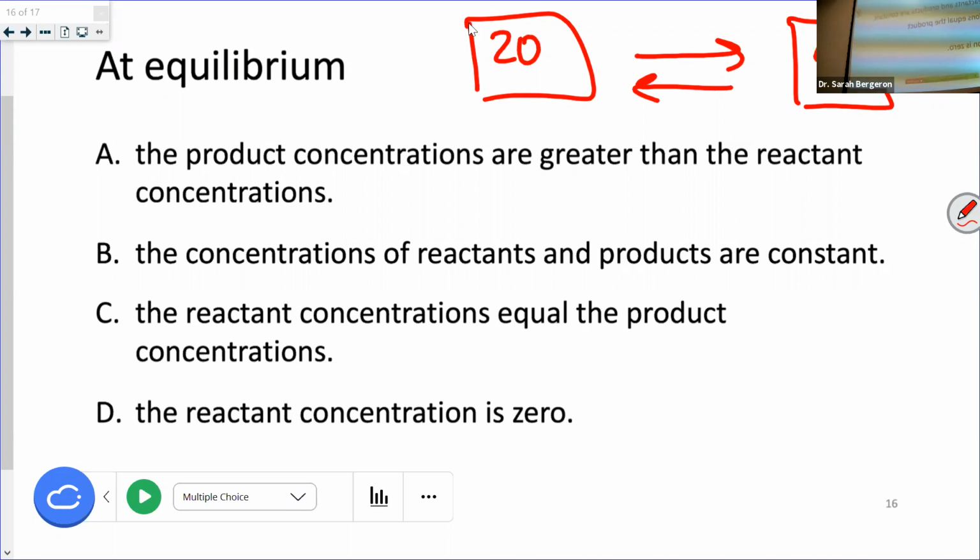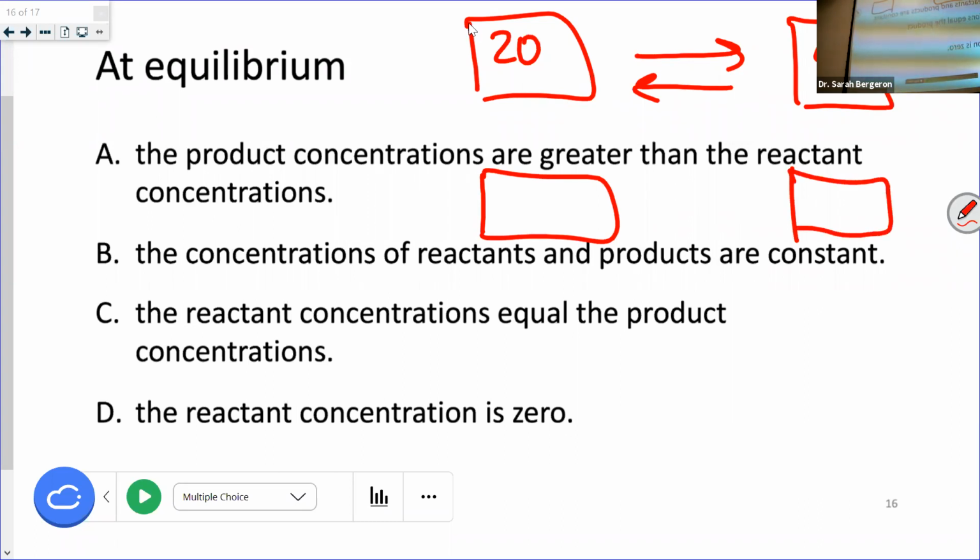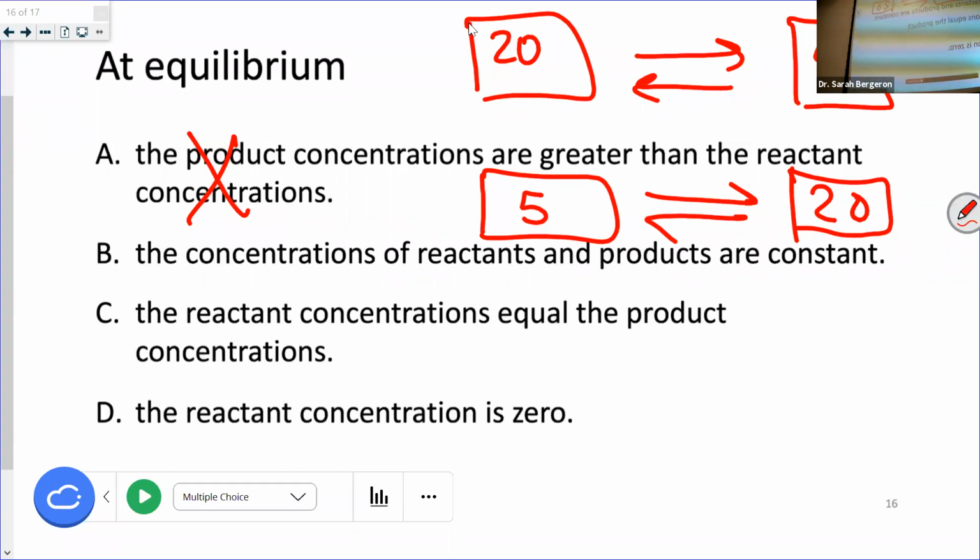But it could be a different kind of game, where I had only a few people on the bench and a bunch of people on the court. Same thing, right? Your rates would be equal, but do you necessarily have to start with a lot of product versus a lot of reactant? No.